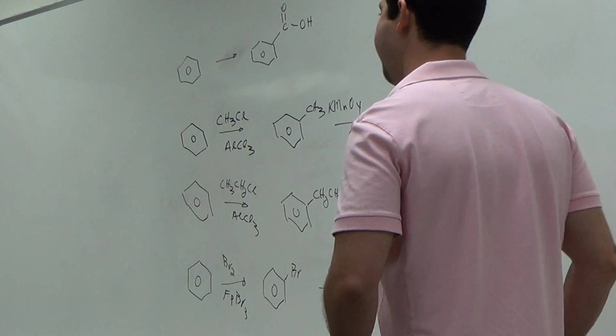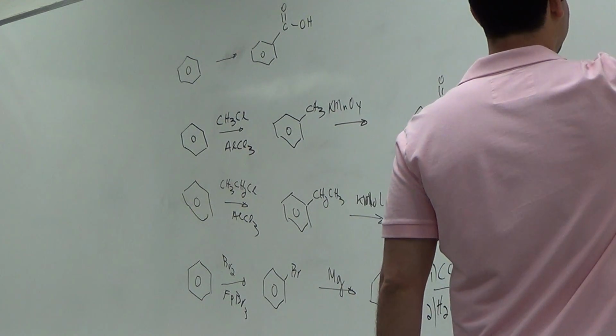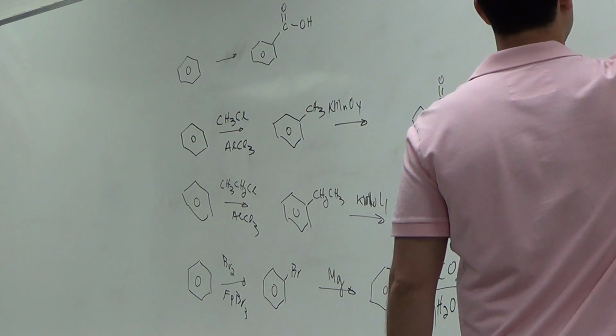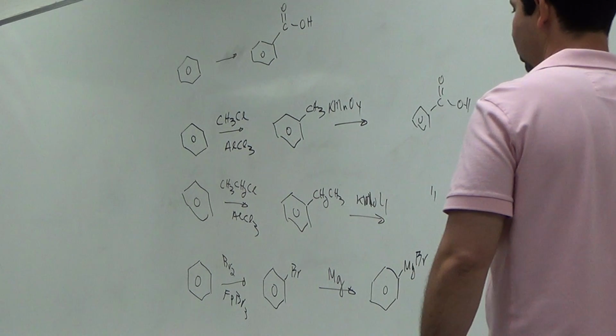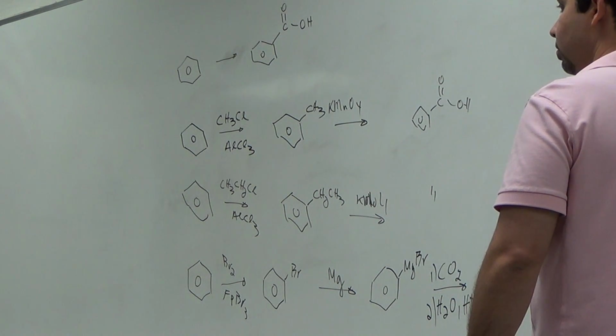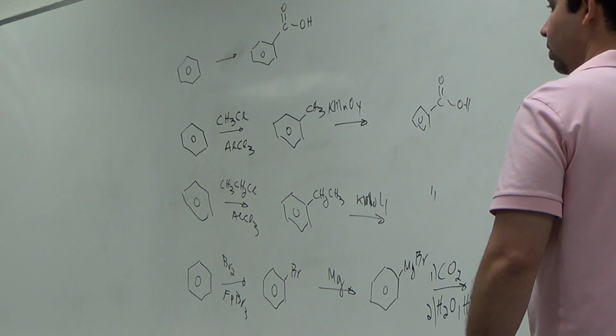I have a question. Is it possible, straight off the bat, to start with a Grignard, like the CH3MgBr, to put a methyl there? That won't work?